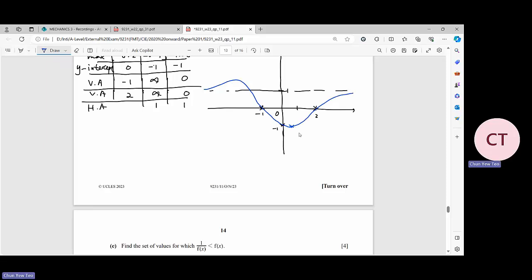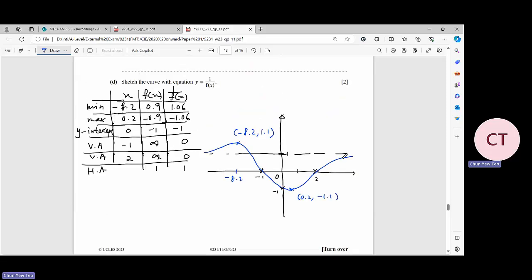Okay, so this minimum point, it will become 0.2, negative 1.1. Maybe we make it one decimal place. This one is negative 8.2. So you have negative 8.2, it will become positive 1.1. So that will be the graph for the D.